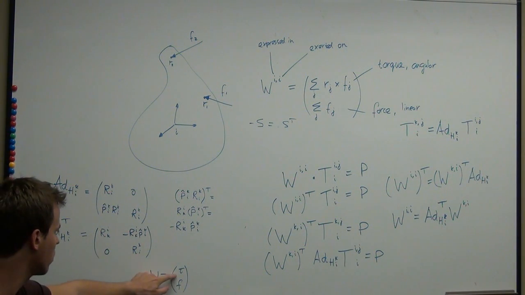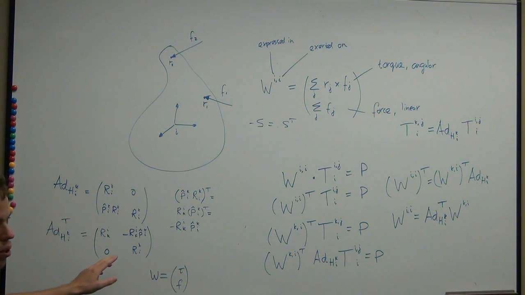And with the torque, you rotate the previous torque, the torque of the wrench as it was expressed in the frame initially. And then you muck around with it. You basically add this cross term based on the translation between the frames.